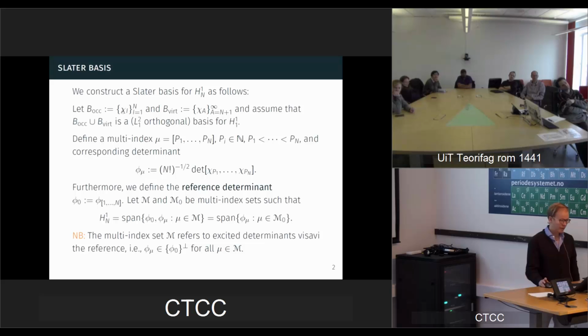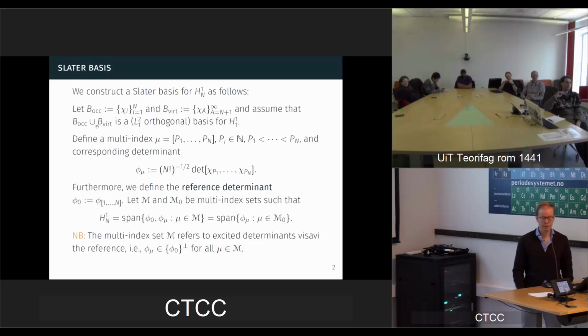So here we have n one electron functions, or orbitals, where we put one for each electron. And then, of course, these electrons can be excited to virtual one electron functions, or orbitals, which is this space here. And then we want the collection of those functions denoted here to be a basis for this one particle Sobolev space.